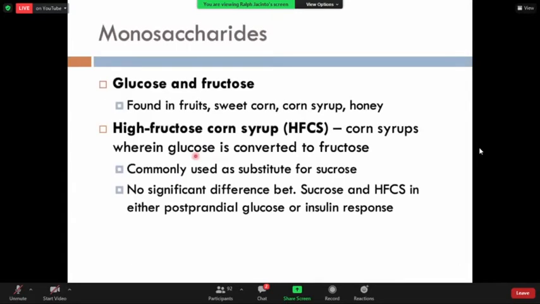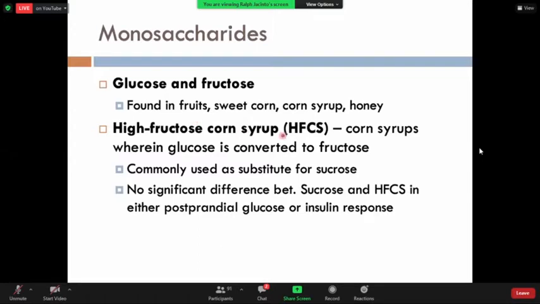So monosaccharides. Examples again are glucose and fructose, which are primarily found in fruits, sweet corn, corn syrup, and honey. And take note, there is a special type of sweetener that we use, which is high fructose corn syrup.